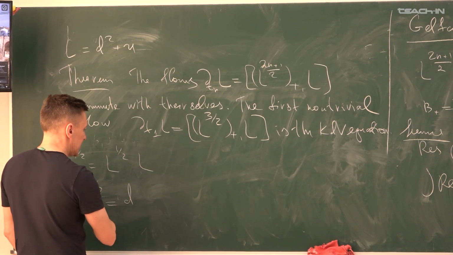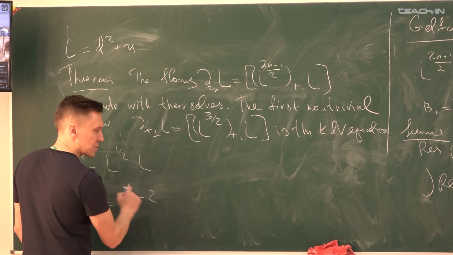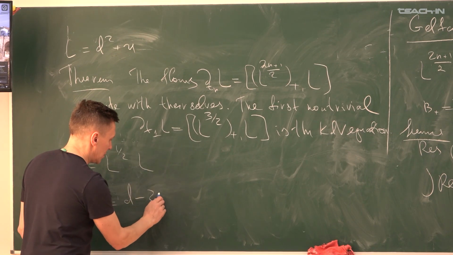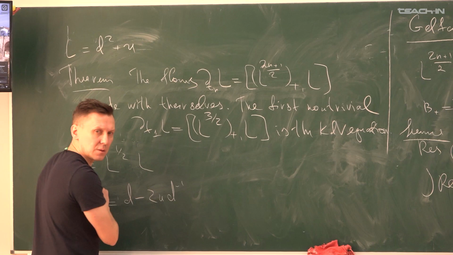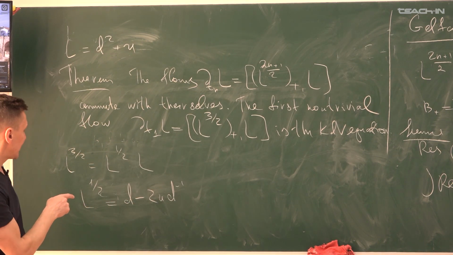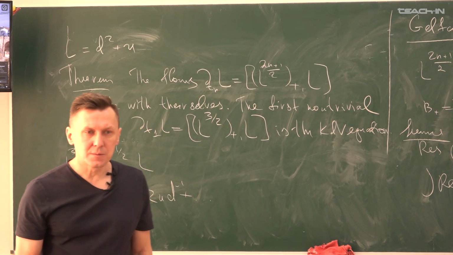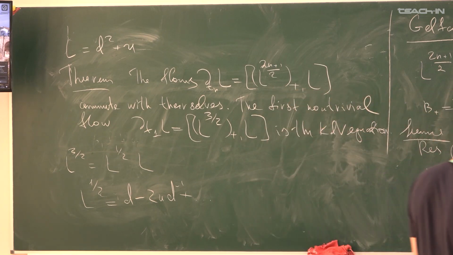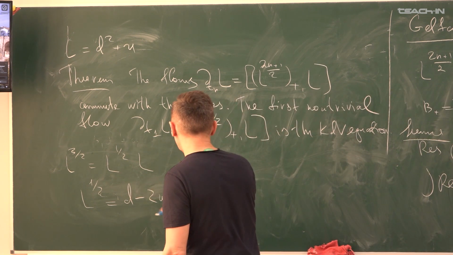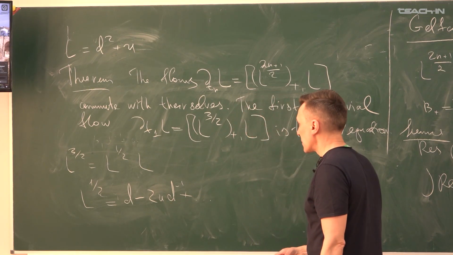It is d minus 2u d^(-1), like this, plus, etc. I think we need some more terms. Let us start to calculate. We will see if we need more terms in this expansion.